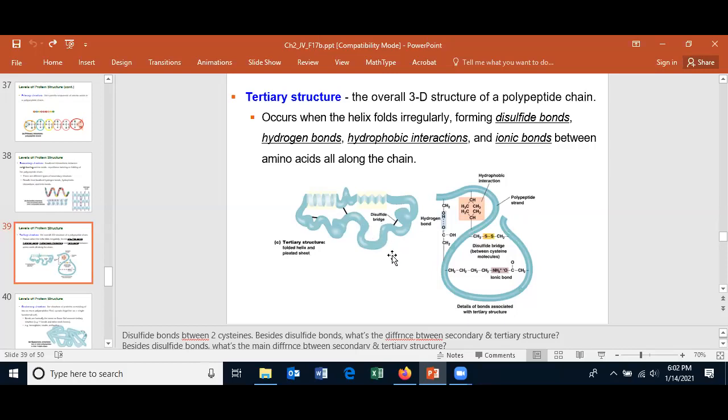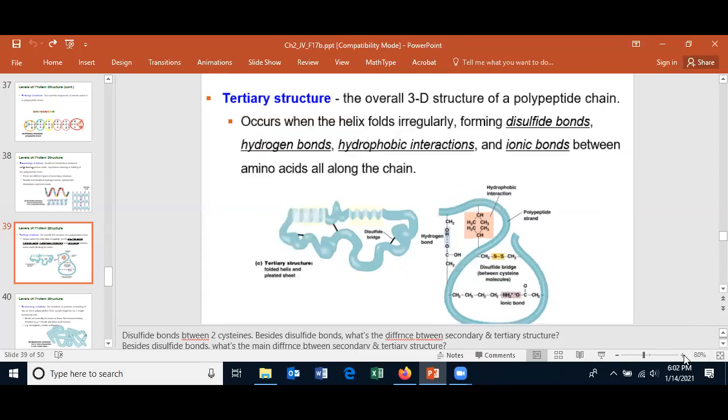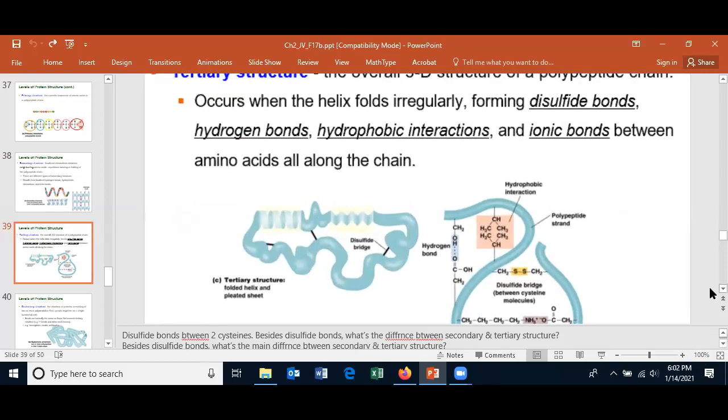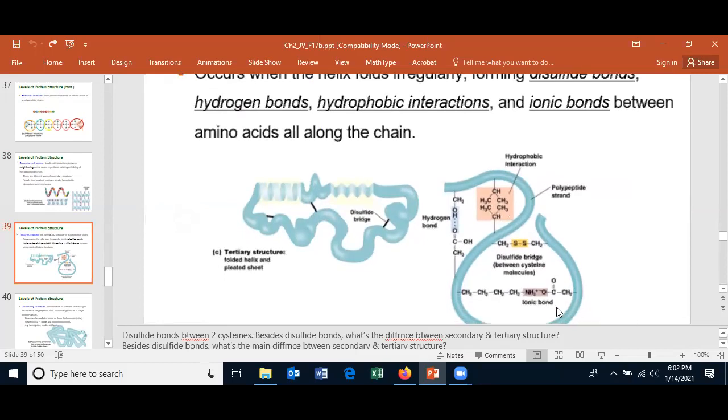You can have ionic bonds forming, where one amino acid has a positive charge, the other has a negative charge. Yeah, that's right here, ionic bond forming between this amino acid and that one. You can have ionic bond repulsion, like if this is a negative charge and this amino acid over here is a negative charge, they'd be repulsed from each other.